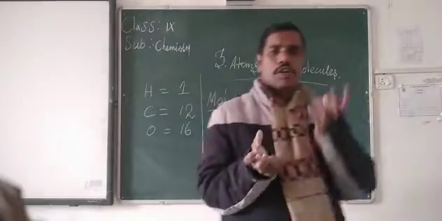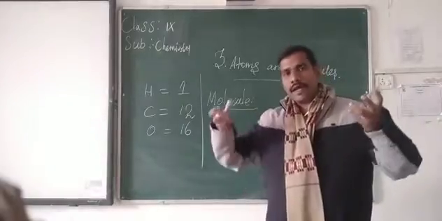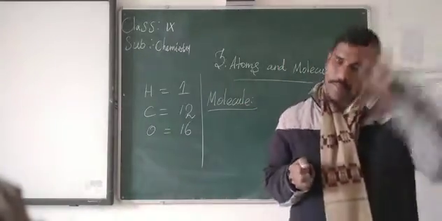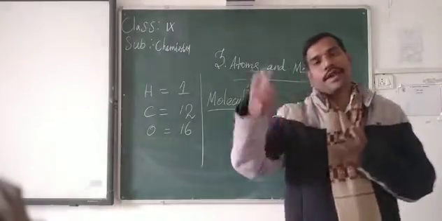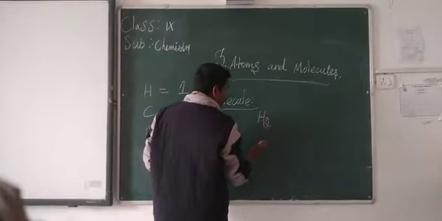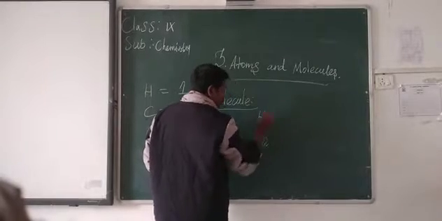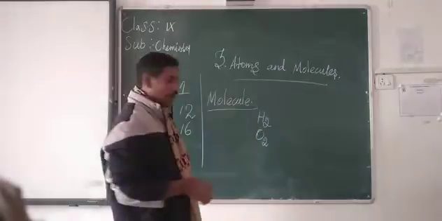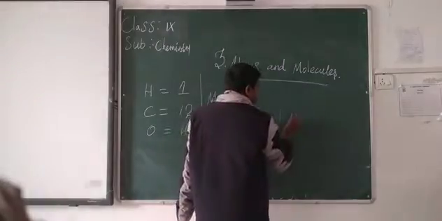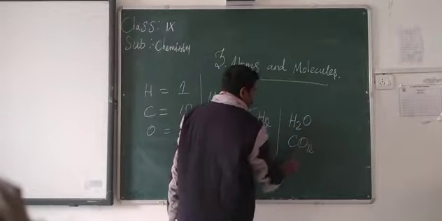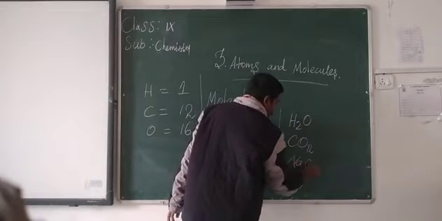A molecule is formed when two or more atoms are combined. The atoms may be of the same element or from different elements. For example, hydrogen, then oxygen. Other than this, we can say water, then carbon dioxide, then sodium chloride.